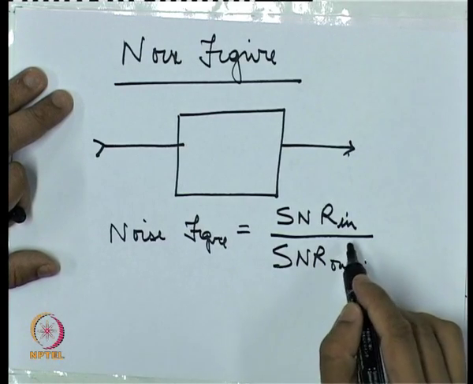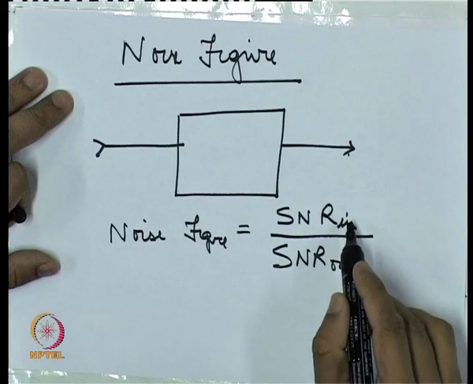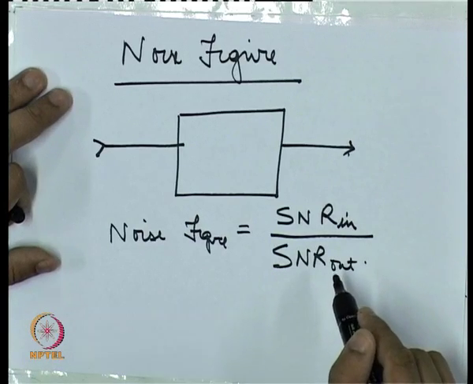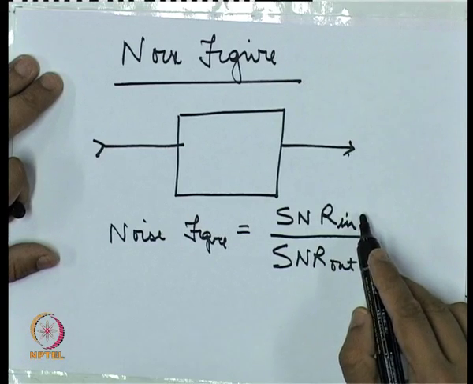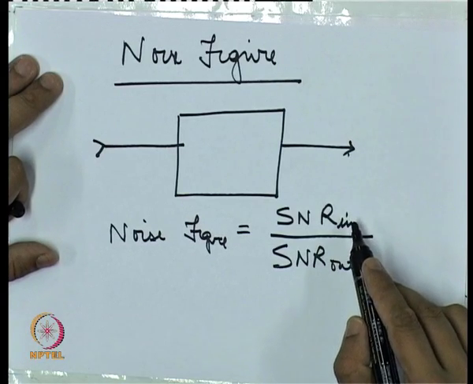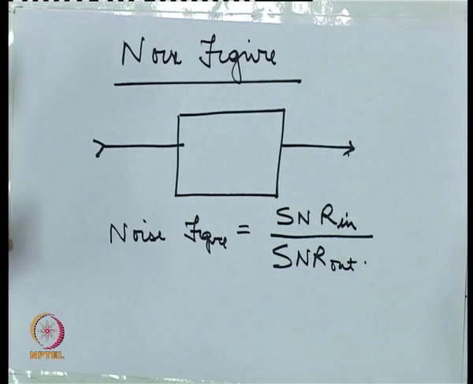Note it's not SNR out upon SNR in, it is SNR in upon SNR out. Unlike other gain terms, where you always have the output term at the numerator and the input term at the denominator, that is not the case here.